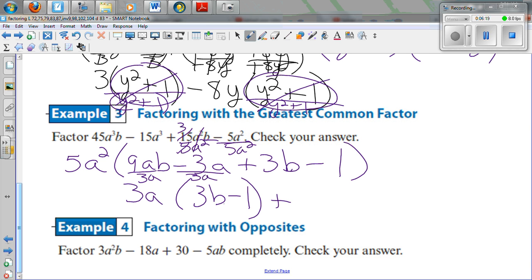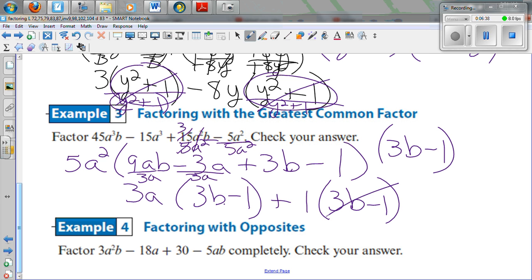Well, it's already the same, so I'm just going to put a 1 out here and the 3b minus 1. Because 1 times 3b minus 1 is still 3b minus 1, but I need to have it factored as a multiplication problem, so I can take the 3b minus 1 out now. I'm going to take the 3b minus 1 out, and when I do that, it cancels off, and I'm left with 3a plus 1.